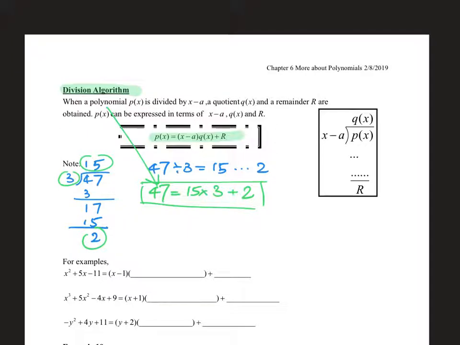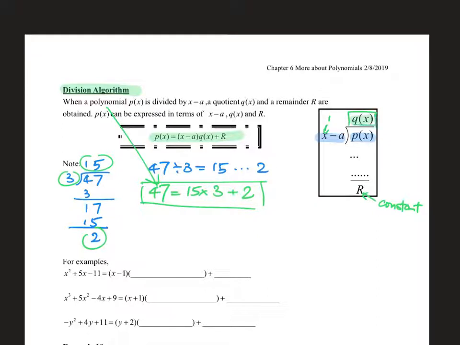So when you are talking about polynomials, on the right hand side, a polynomial p(x) is divided by x minus a, and as a result you have a quotient q(x). Because the divisor here is power 1, the remainder will be a number without any x, or simply a constant. So you can see there's a difference between the notation.